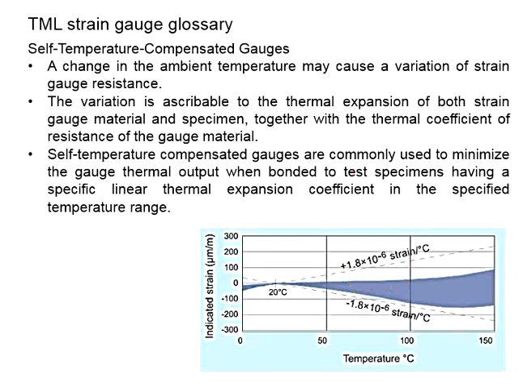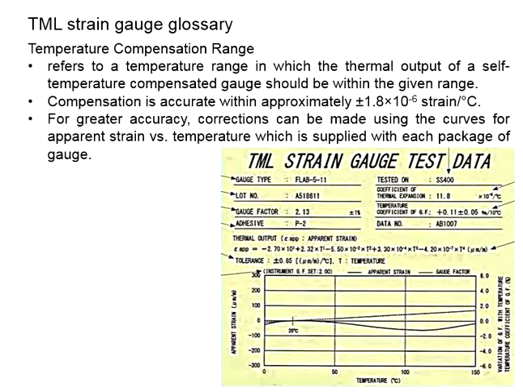Now as long as the indicated strain given by the strain gauge is within these two lines, it is still considered acceptable, and this is referring to the temperature compensation range. We know that the accuracy is the greatest for strain gauge at 20 degrees Celsius.